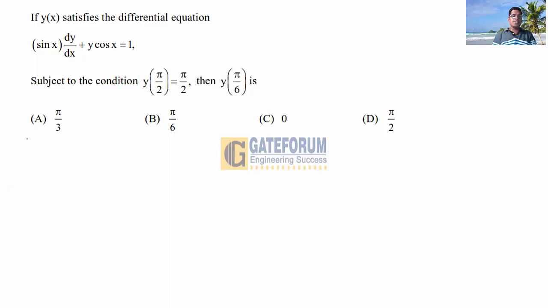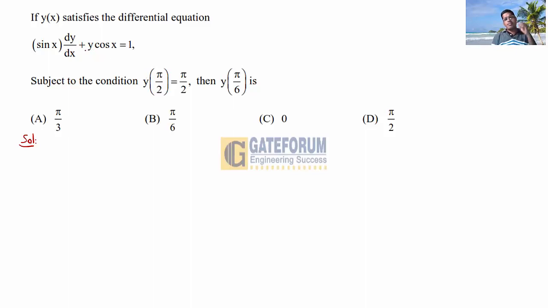The solution is: in general, first order, first degree differential equations are solvable by the variable separable method, linear equation method, Bernoulli equation method, or exact equation method, while some problems cannot be solved by any method. This is not in variable separable form.